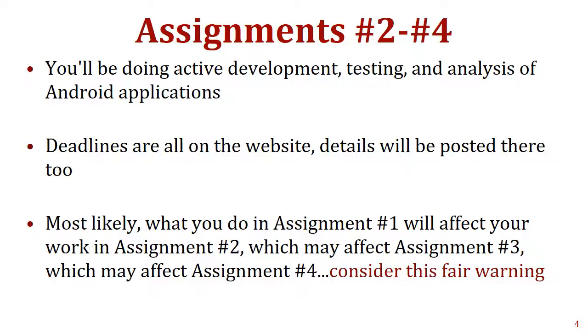So the class is designed so you can gradually pick up knowledge about smartphone security, which is really critical for job hunting as well. For the other 3 homeworks, the deadlines are all on the course website, where I also post the details.